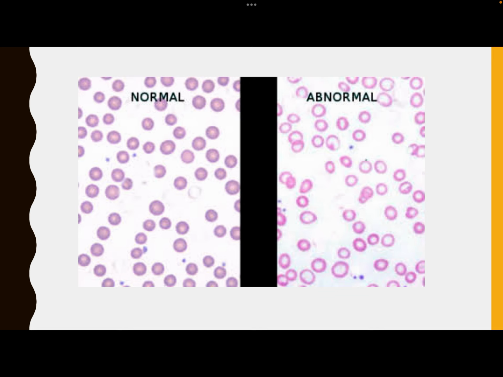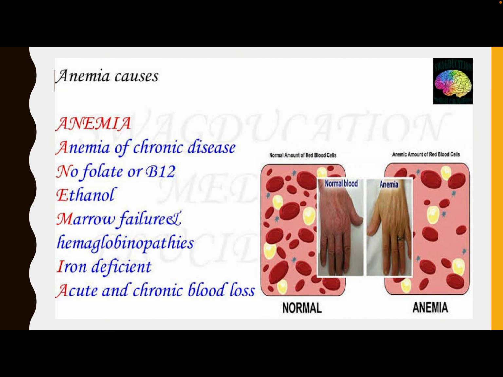Under the microscope, we can see the normal RBCs. In the left diagram we can see the colored RBCs, whereas the abnormal or anemic RBCs are pale, and we can clearly see the paleness in the RBCs in the right picture.